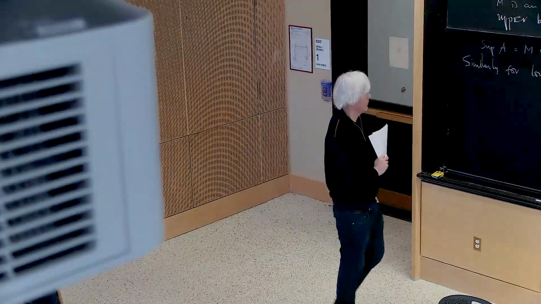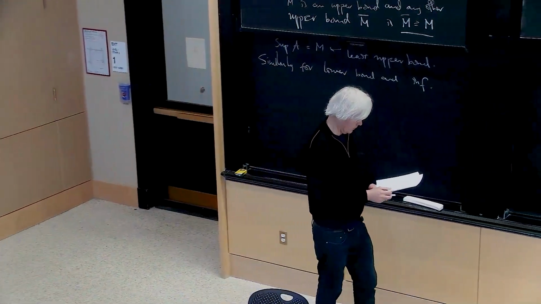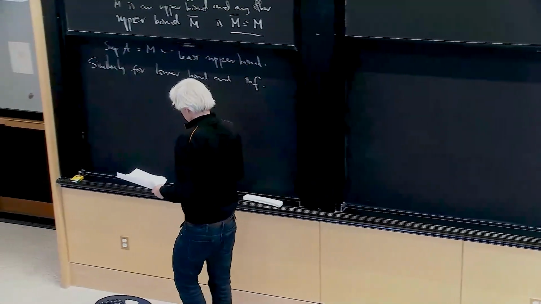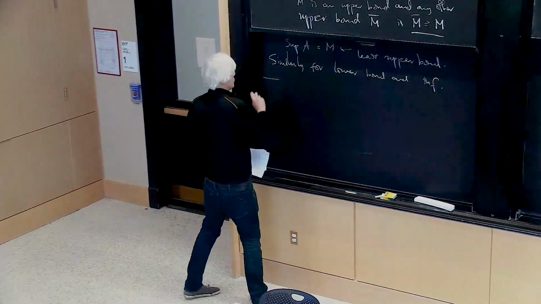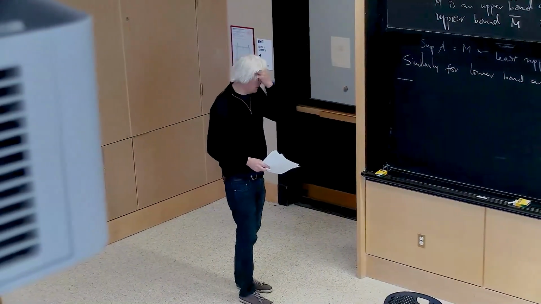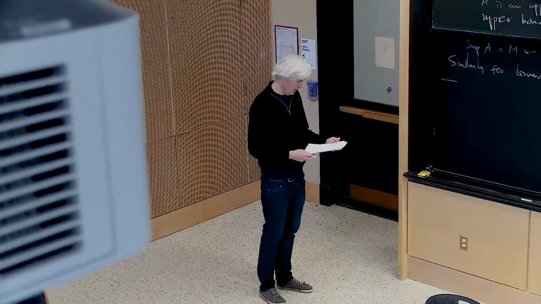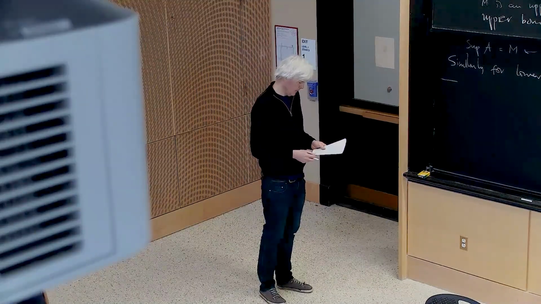And likewise for a set that is bounded from below. Okay, so that was sup. And we'll get to this with lim sup and lim inf. I'll review that a little bit later also. But that's another important thing.